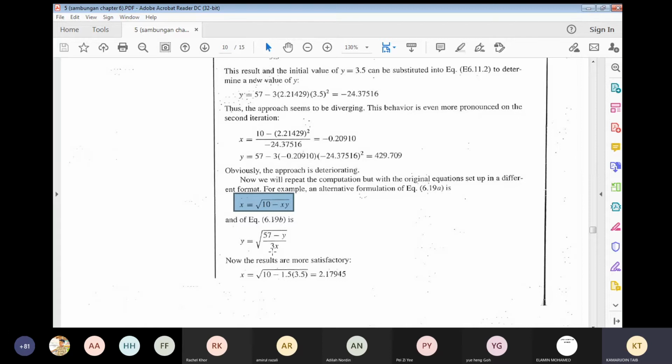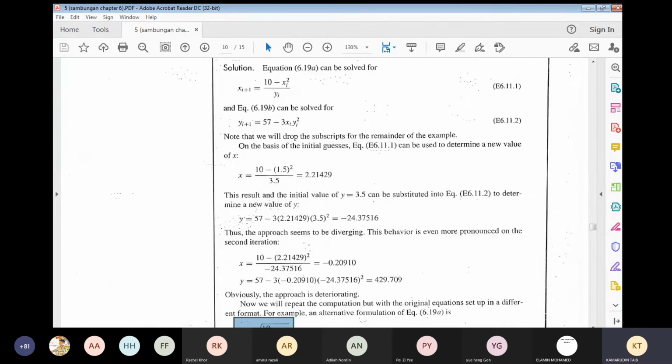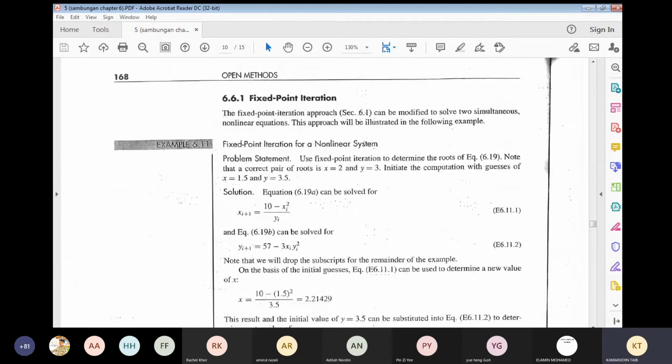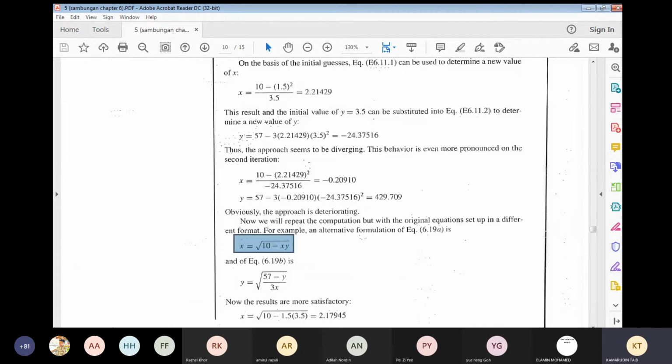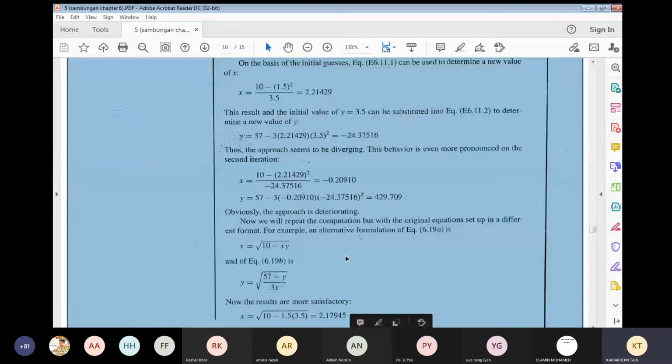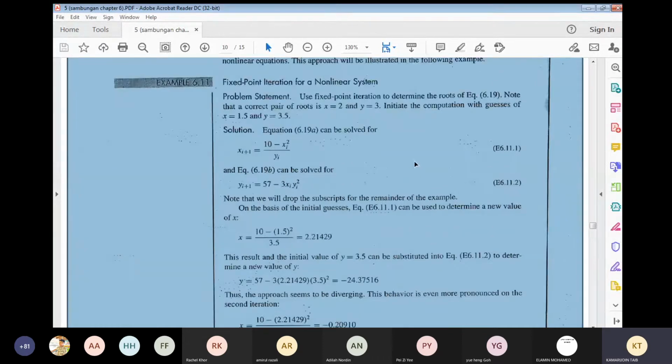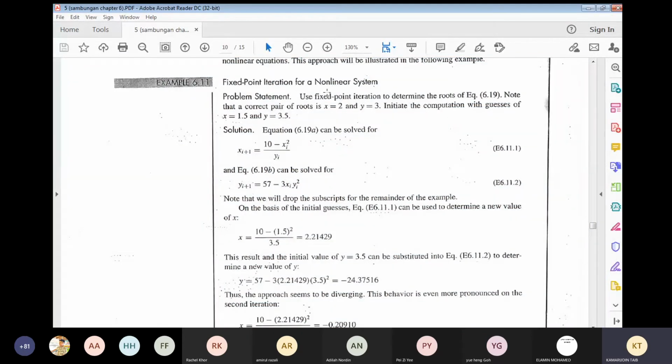So x can be positive or negative. But here they maintain only the positive square root because it is already known that the exact answer is positive 2 and positive 3.